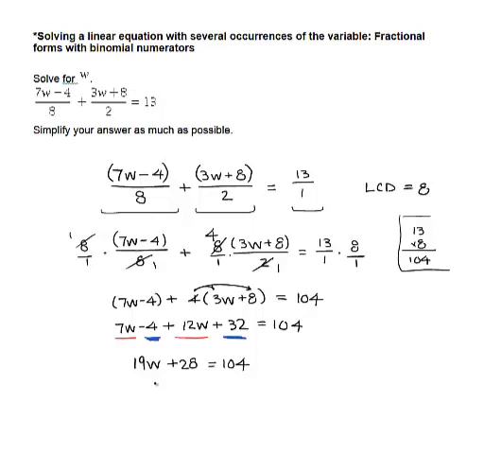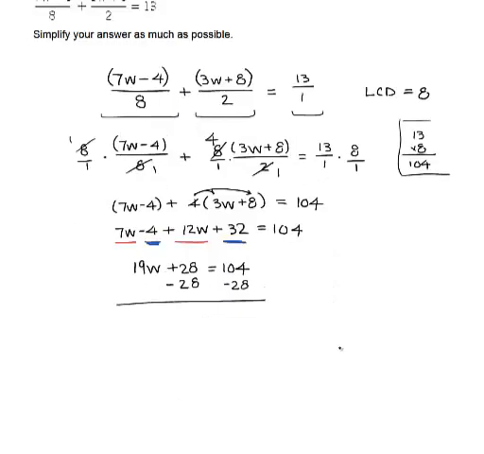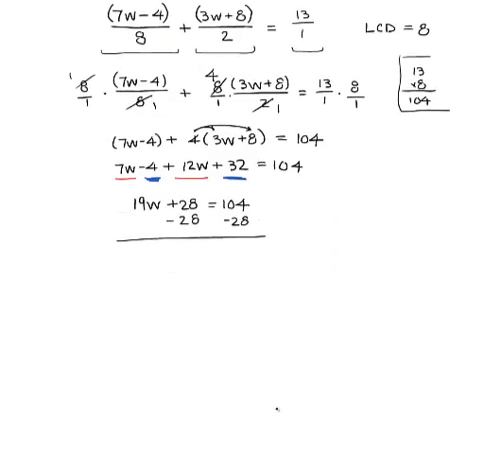Now I try to get my variables on one side and my constants on the other side. So I subtract 28 from both sides. So I have 19w equals, and what's 104 minus 28? I have 104 minus 28. 14 minus 8 gives me 6. Borrow, I've got a 9. I have 76. That equals 76.